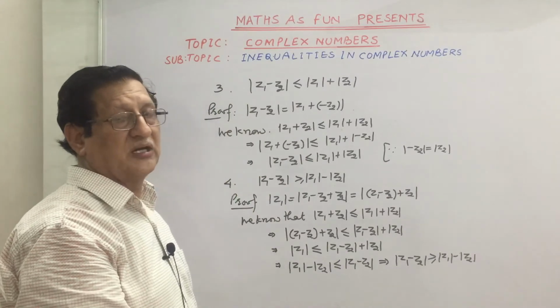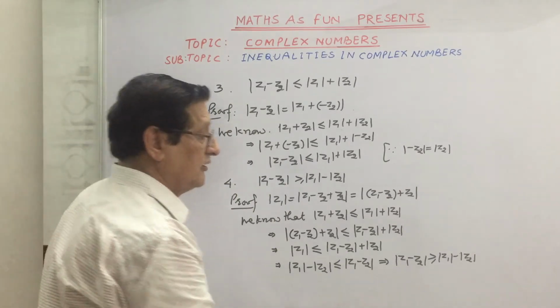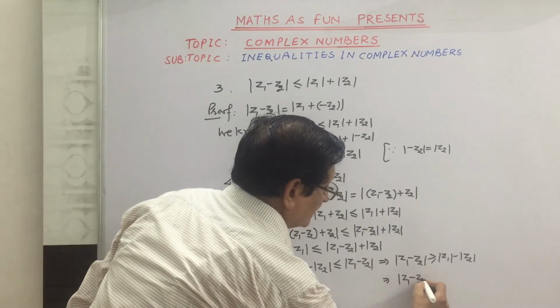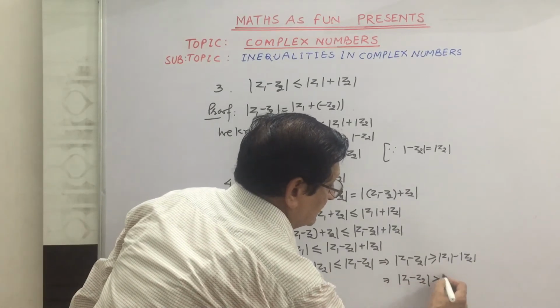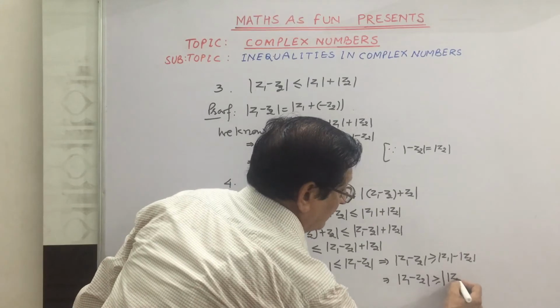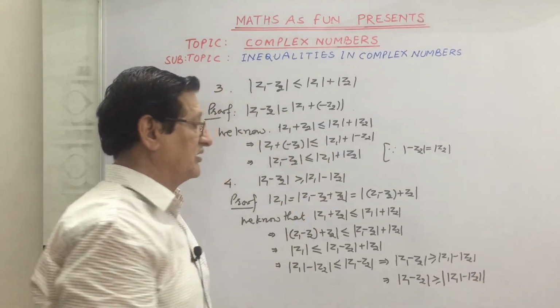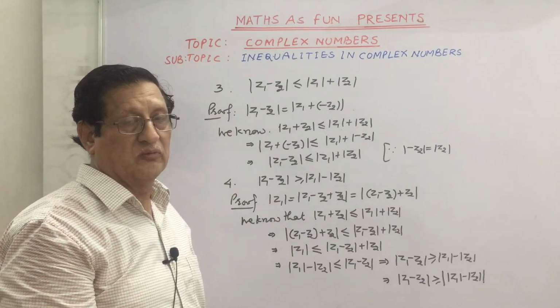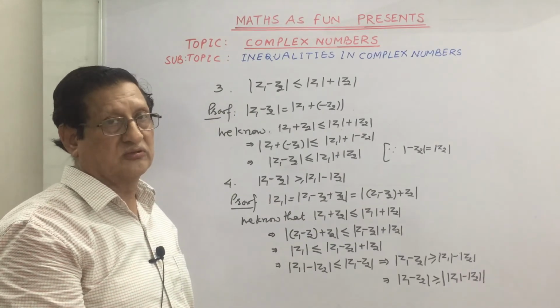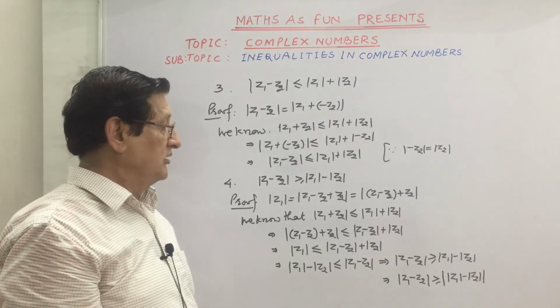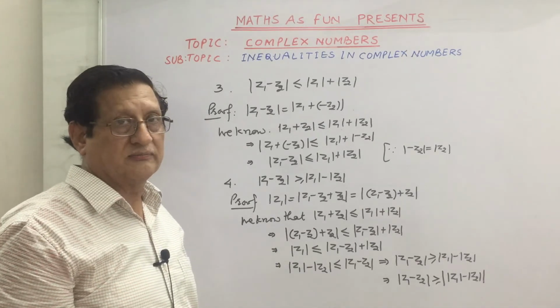Again, sometimes suppose modulus of z2 is greater than modulus of z1, we can say for all that modulus of z1 minus z2 is greater than or equal to modulus of z1 minus modulus of z2, because we take the absolute value of modulus of z1 minus modulus of z2. Like this we can understand the proof of all the inequalities.